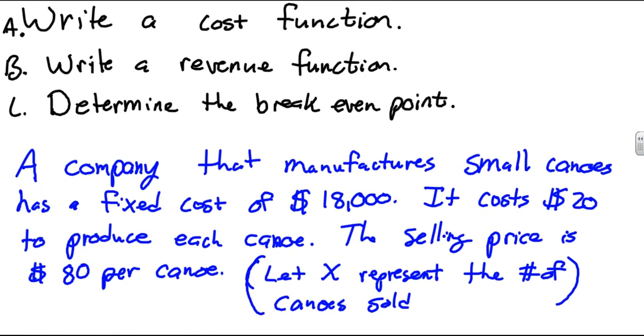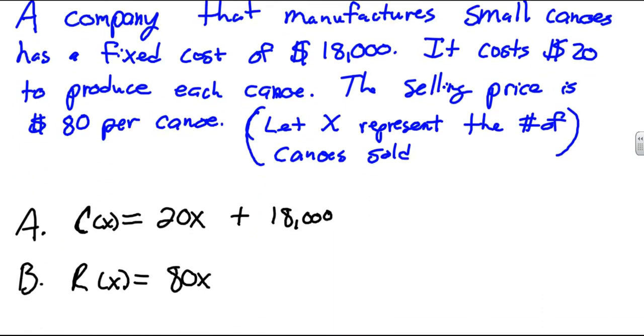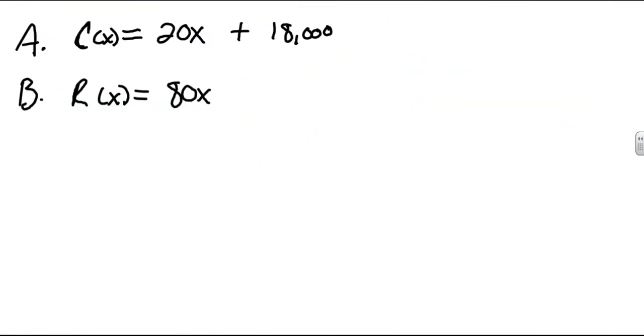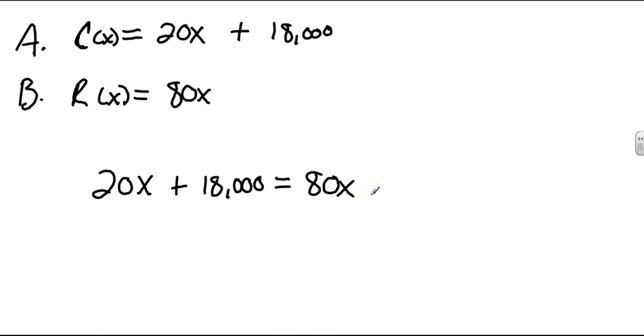So we've got a cost function, we've got the revenue function, it says determine the break-even point. From there, then I think you just take it so that your cost is equal to your revenue, right? Okay, so let's get rid of the 20x.